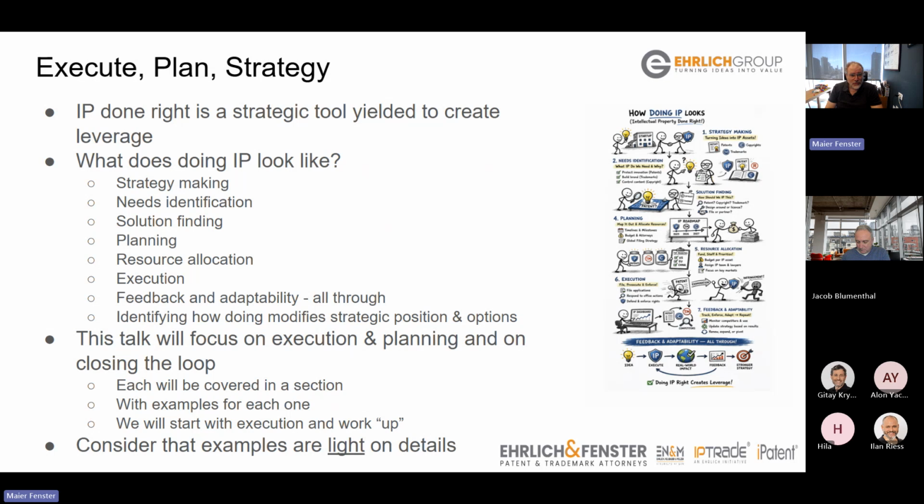And I'm going to start with execution, even though it's the lowest level, perhaps because it's the easiest one to talk about. Everybody does execution. Okay, we file that patent.